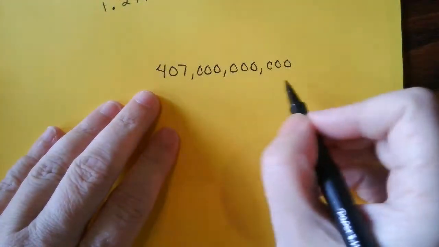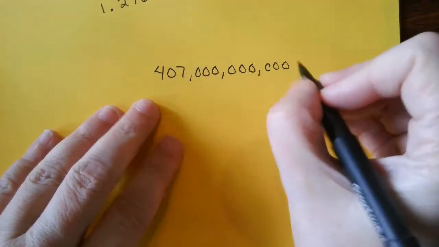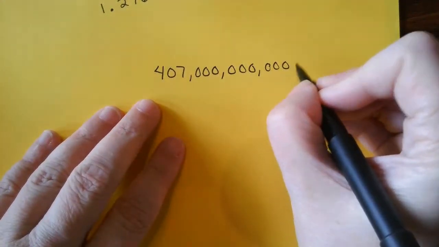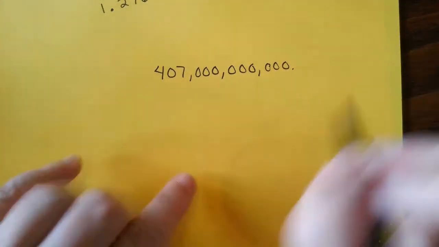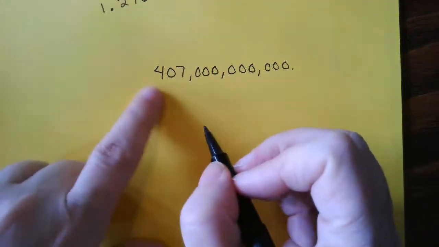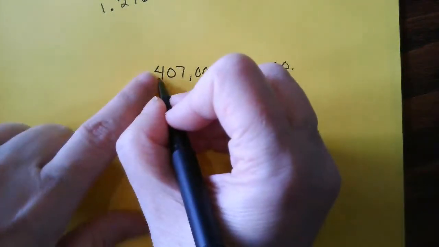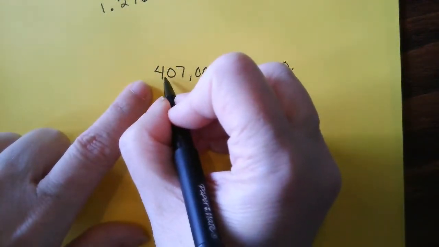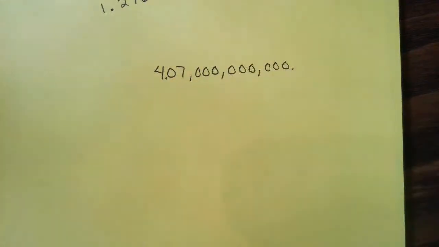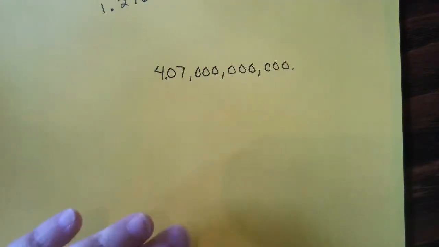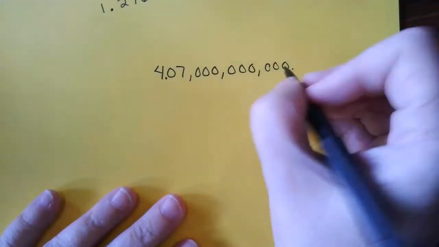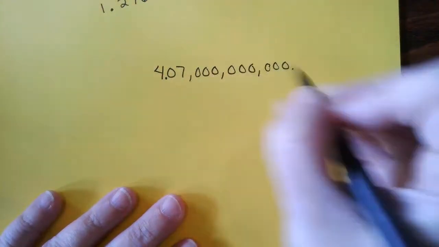Okay, so step 1 is we are going to move our invisible decimal point until it's all the way to the right of the very first digit. So our very first digit is the 4. We want to move that decimal point so that it's right there. Okay, then we need to count how many spaces we had to move it to put it right there.